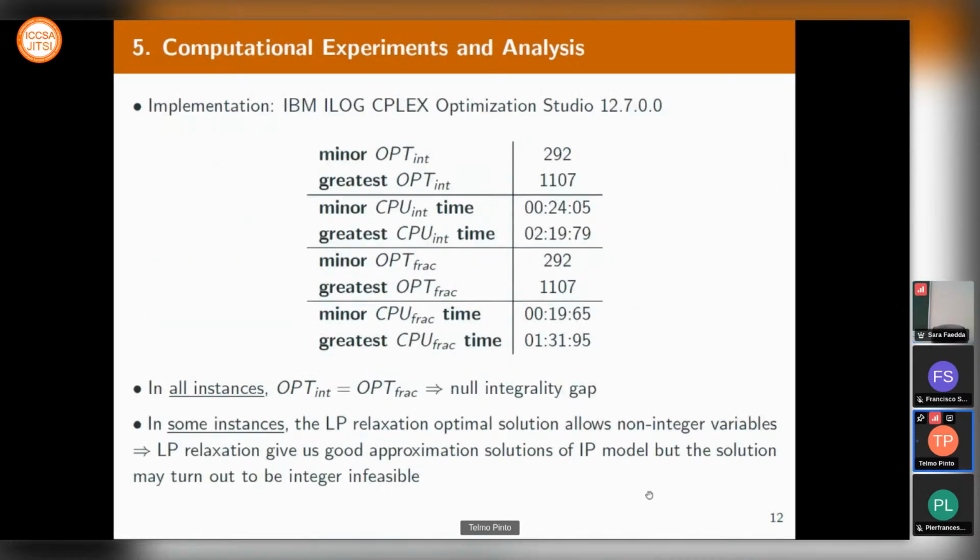The implementation was performed in IBM ILOG CPLEX Optimization, and in this table we present a summary of the main results obtained. An important note here is that a null integrality gap was obtained for all the instances, and in some of them the LP relaxation allows non-integer variables. So we have a good approximation of the solutions, but indeed the solution may turn out to be integer infeasible.